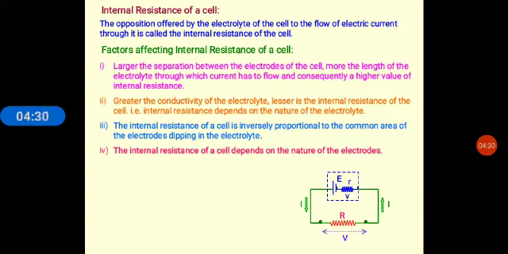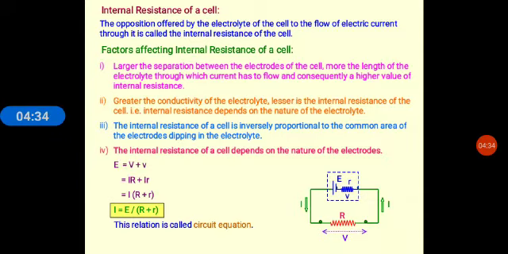Capital V be the potential difference across the external resistance R. Now by applying Kirchhoff's voltage law for a given loop, we state that the sum of EMF in a closed network is equal to the sum of potential differences across the network. The sum of potential differences means the sum of the product of current and resistance.